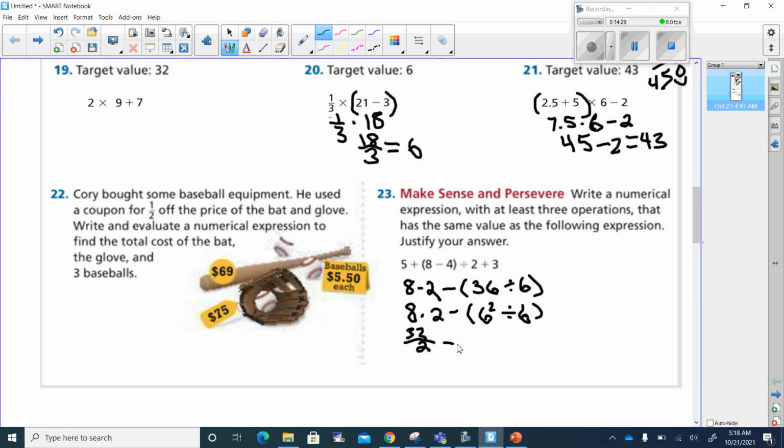And I could subtract that from, well, again, I could put 6 to the 2nd power divided by 6. Now I have 3 expressions with at least 3 operations that will give me the same value. All right, and that value is 10.